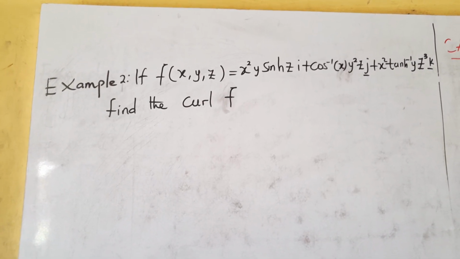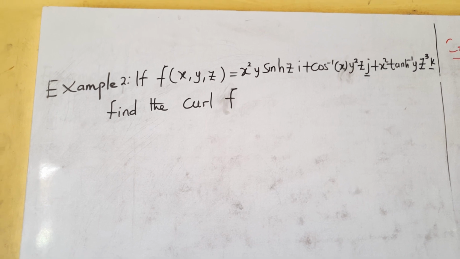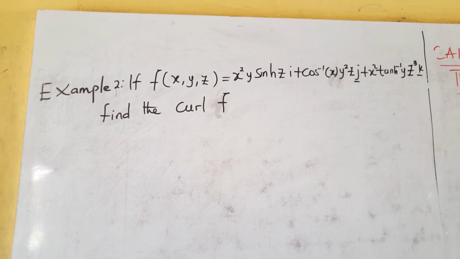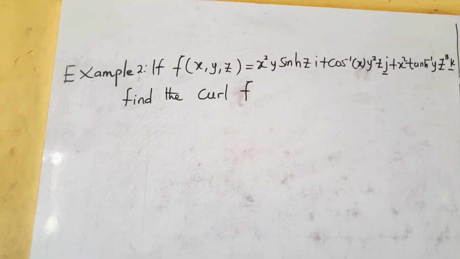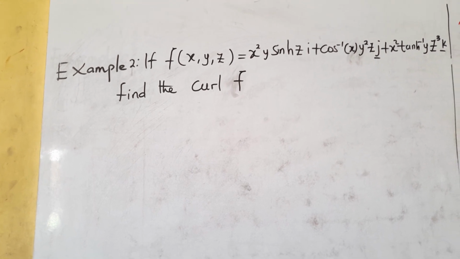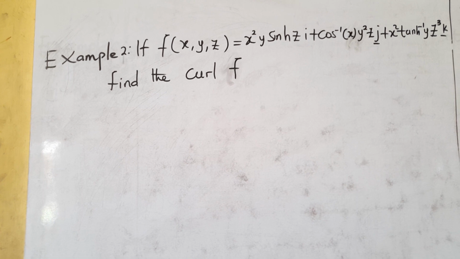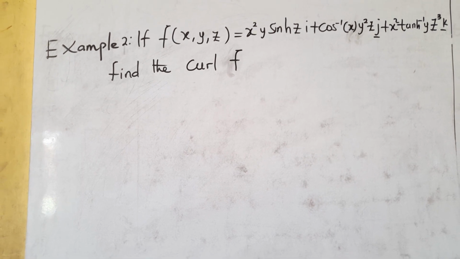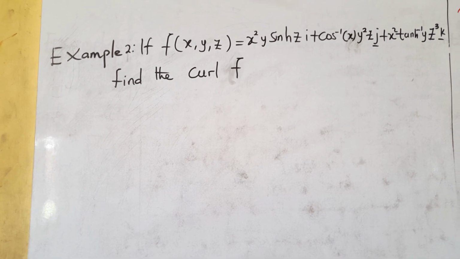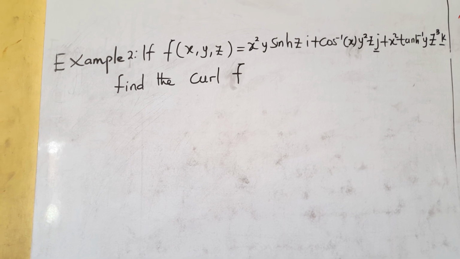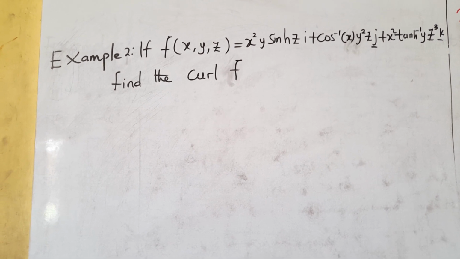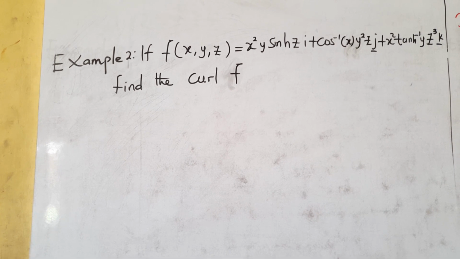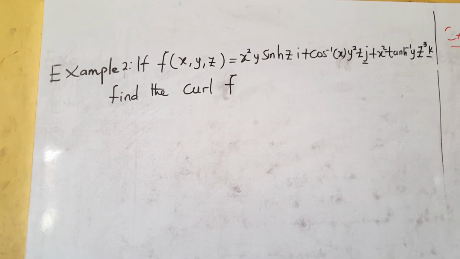They say if a vector field f, which is dependent on three variables x, y, and z, is equal to x squared y sinh z in the i direction plus cos inverse of x y squared z in the j direction plus x squared tan inverse of y z cubed in the k direction. We should find the curl of f.